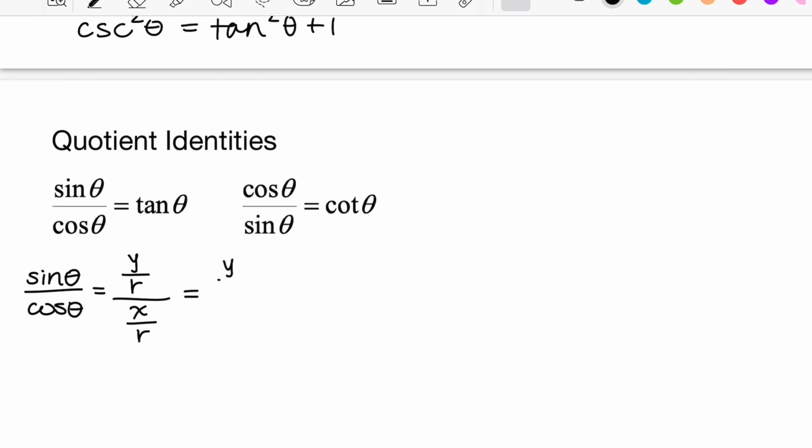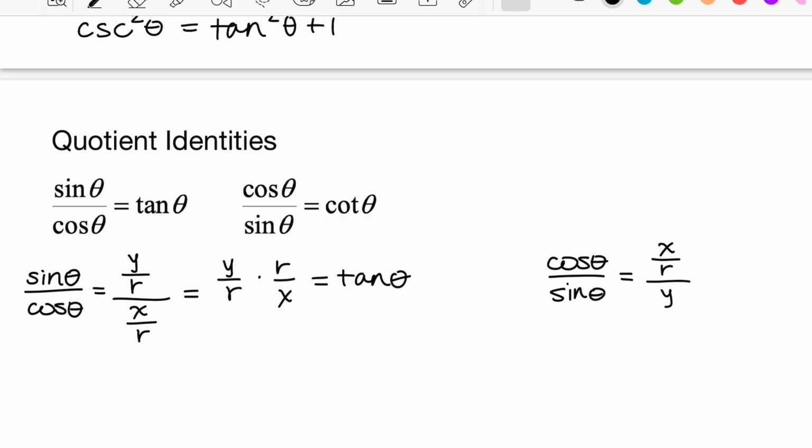This is the same as y over r times r over x, which gives us y over x, those r's will cancel, which gives us tangent theta. Similarly, cosine theta over sine theta is the same as x over r divided by y over r.